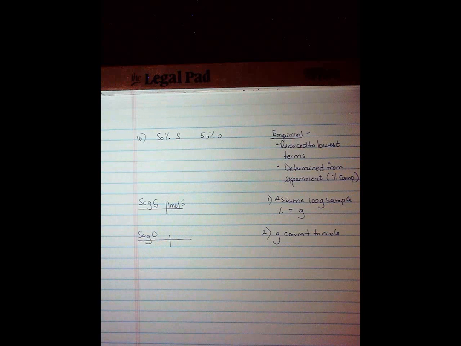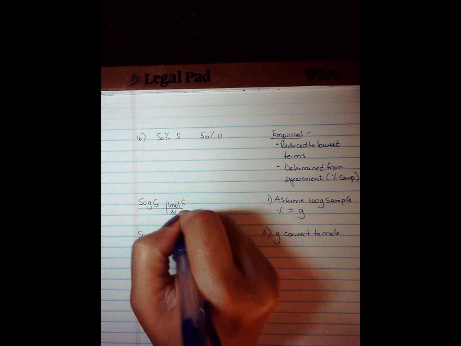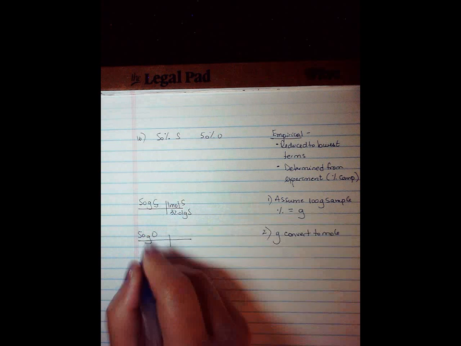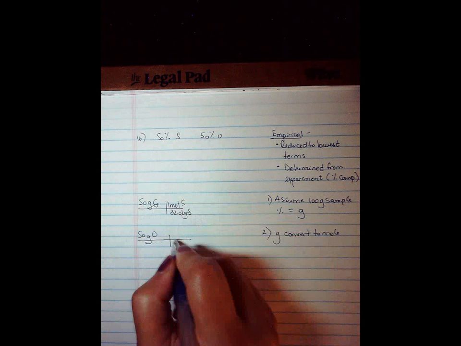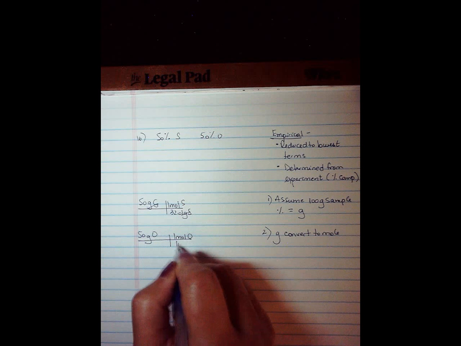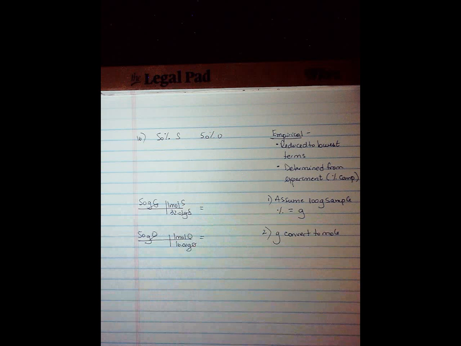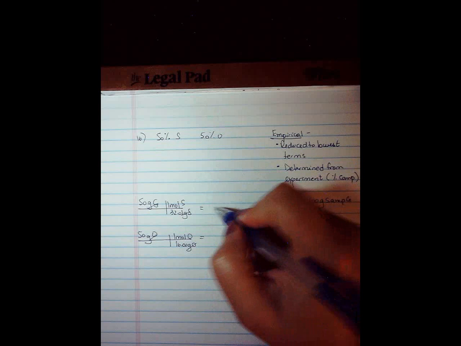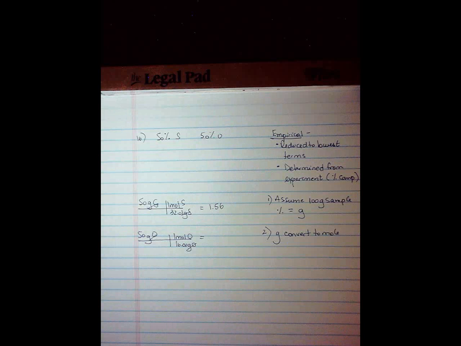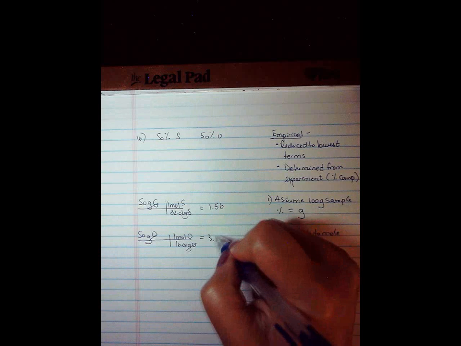What is that, 32.01? And for oxygen, 1 mole of oxygen weighs 16 grams. So 50 divided by 32 is 1.56, and 50 divided by 16 is 3.13.